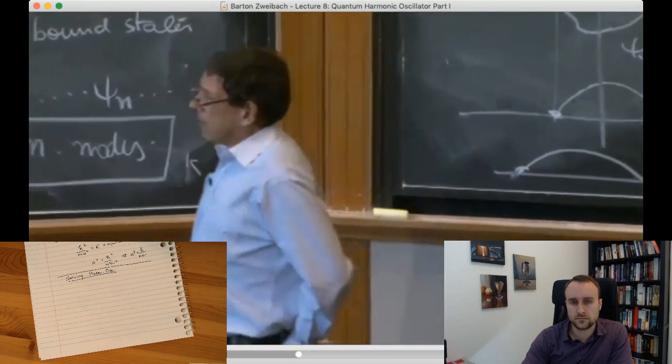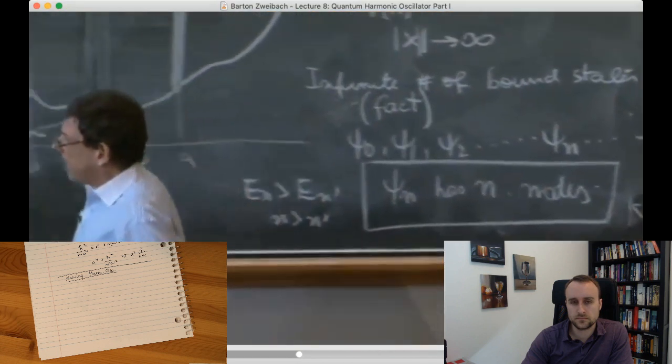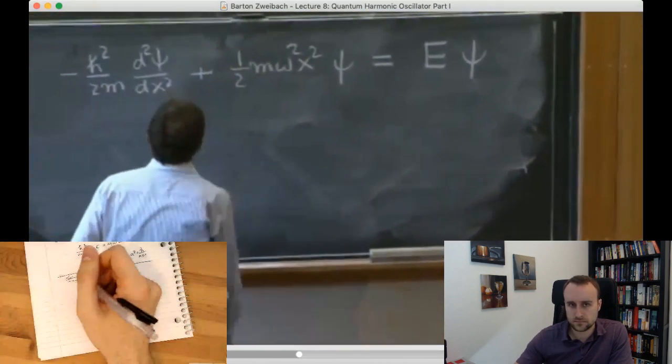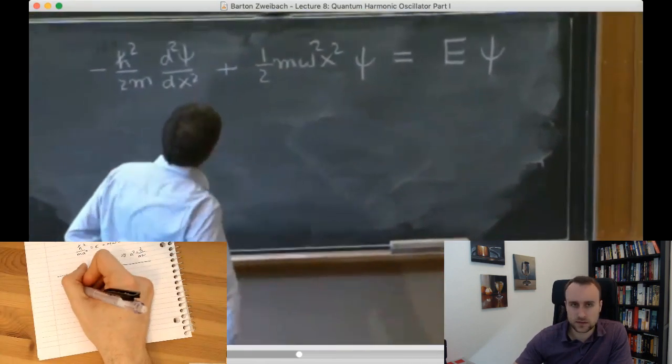So this equation is some sort of fairly difficult thing, and it's complicated. So let's write it down. Let's get started here.